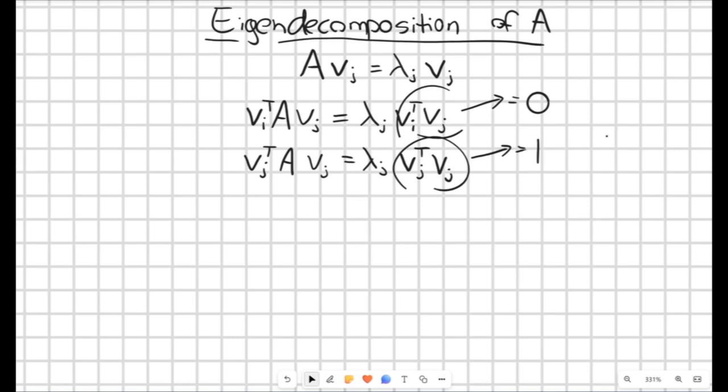Okay, so from that, if we create this matrix V, which is sometimes called a block matrix, but basically we write it like this. It's a matrix whose columns are equal to the different eigenvectors, so each of these is a vector going downwards.